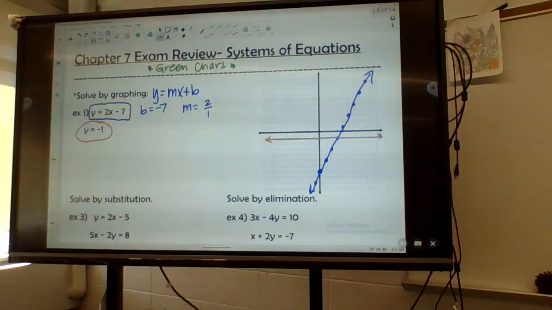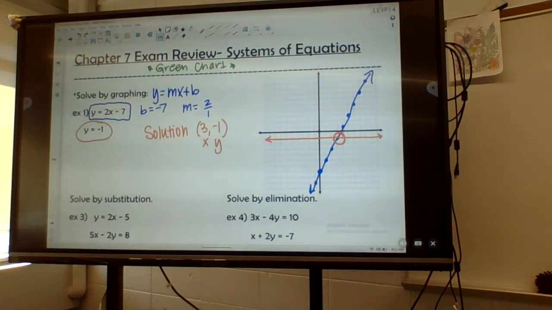So we graph that line horizontally, y equals -1. So our solution is where the two lines cross. So the answer would be, what is that? 3, -1. So x is 3, y would be -1.